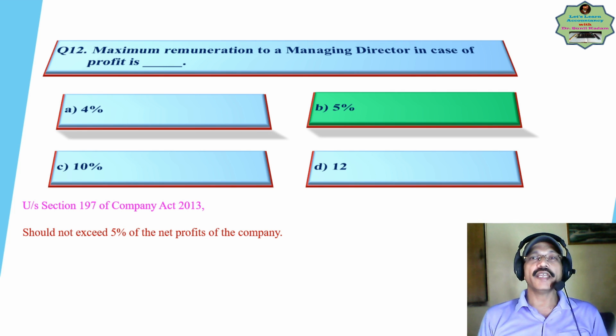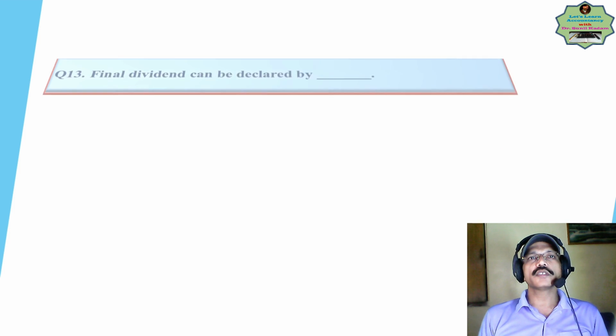There it is stated that not more than 5% of profits a company can give to its managing director. They can give up to 5%. That's why the correct answer is 5%. One can say 4 also falls within that, but in the given situation they asked the maximum. So a maximum of 5% can be given. Let's move to the next.